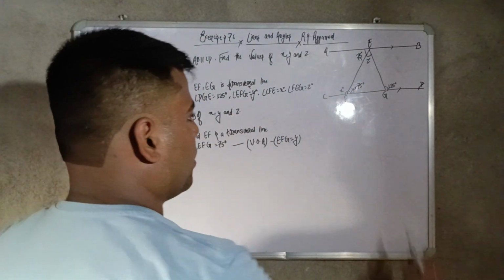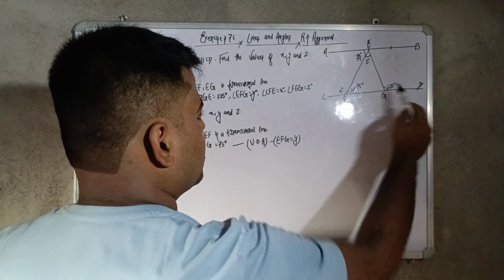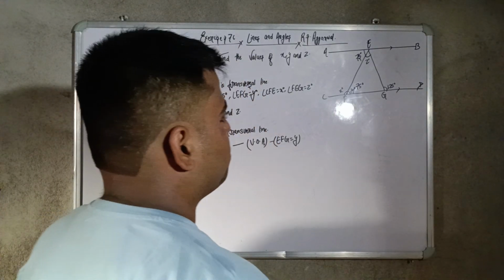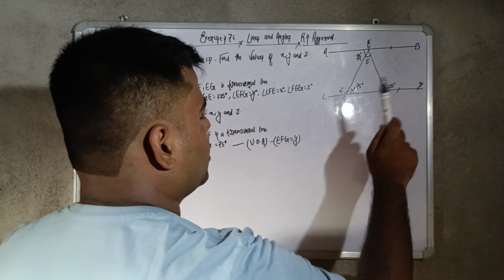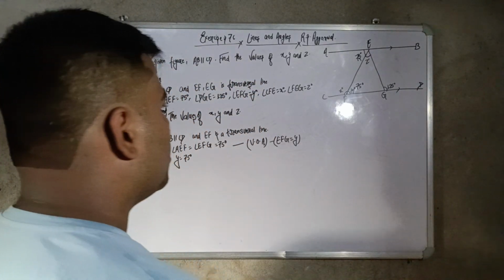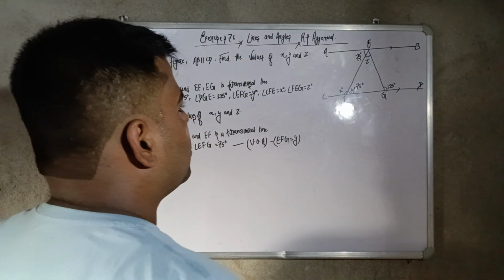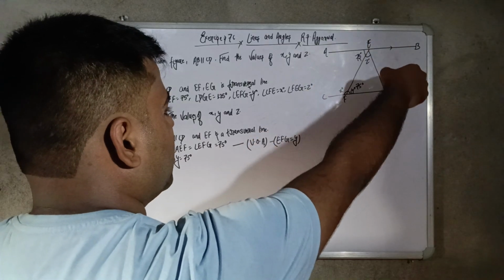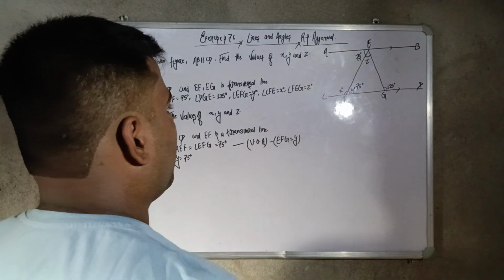Now CD is a straight line. CD is also a straight line. So we have to know the value of angle EGF.